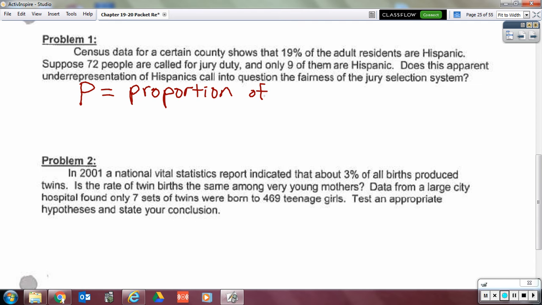And we're seeing the proportion of the jurors that are Hispanic. A juror is a person that was chosen to be on the jury in a criminal case. P equals the proportion of jurors that are Hispanic.